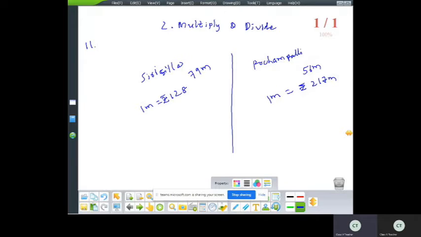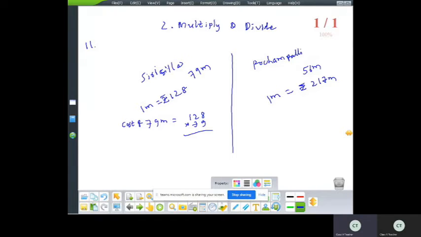Here, what is the total cost of 79 meters? The cost of 79 meters of cloth means 128 into 79. In Pochampalli, the cost of 1 meter of cloth is rupees 217.